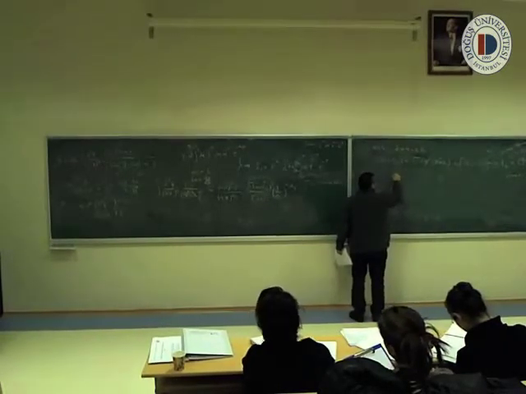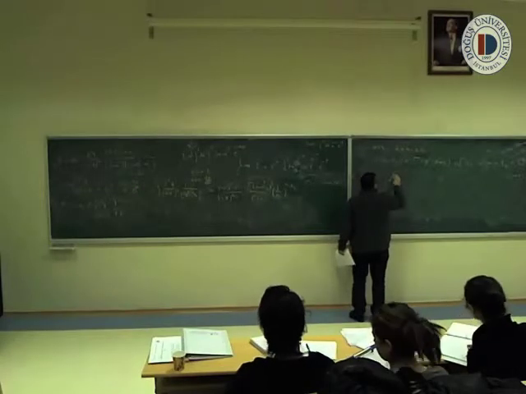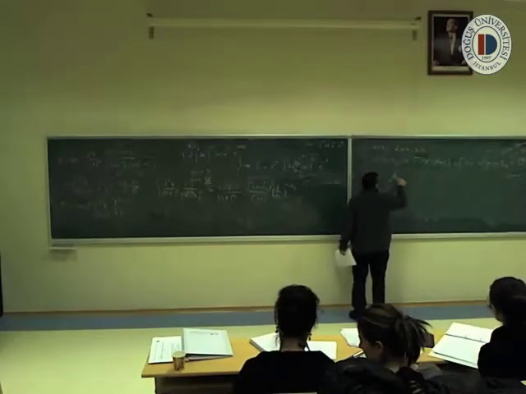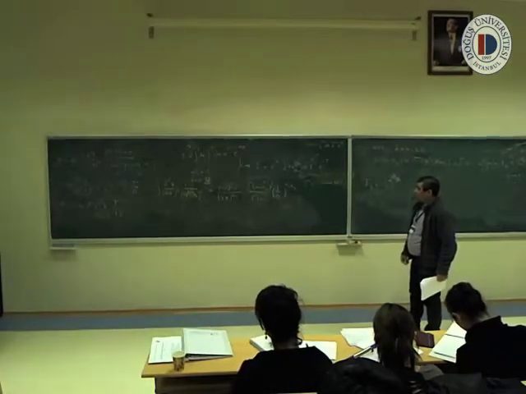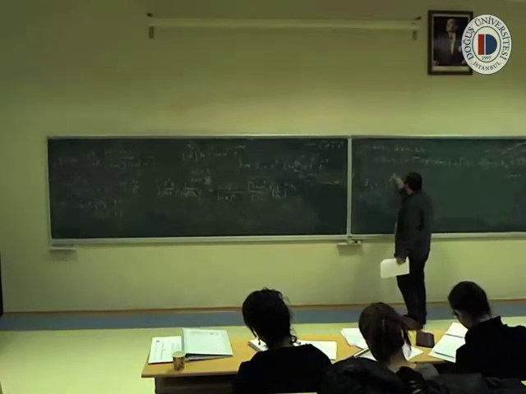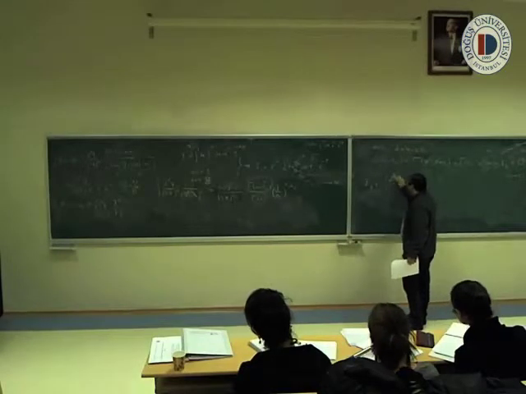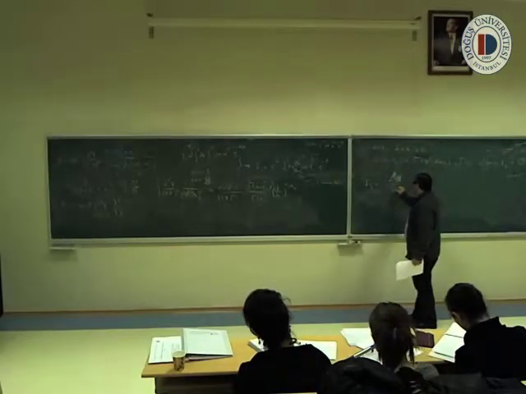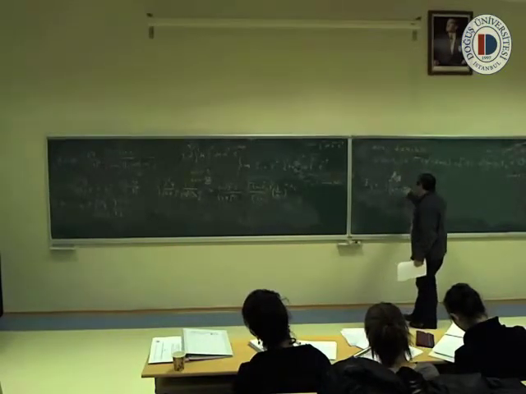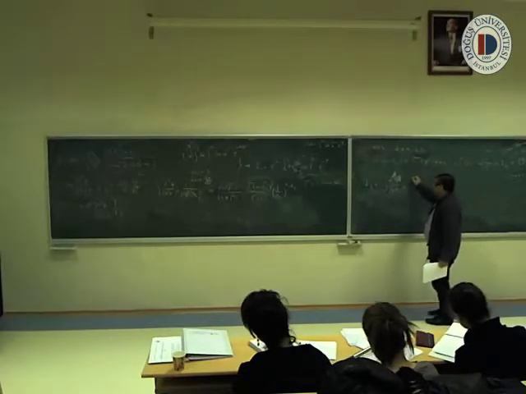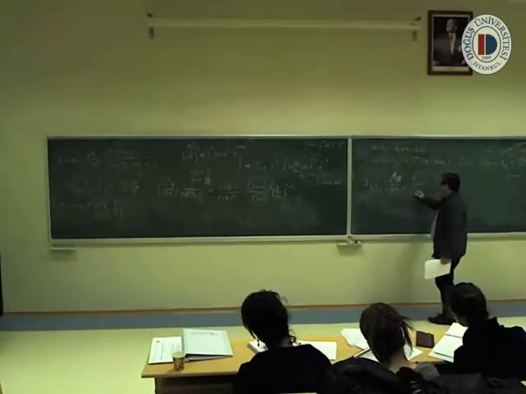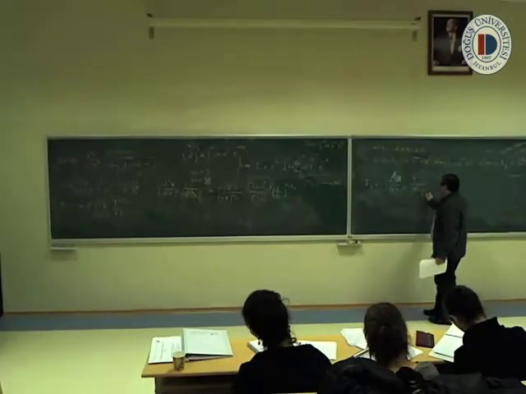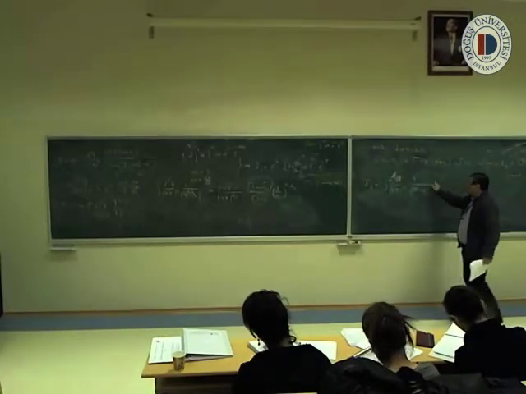If we go to d dimensions, it is the integral d^d q over (2 pi)^d of q squared over (q squared minus delta) to the power n.